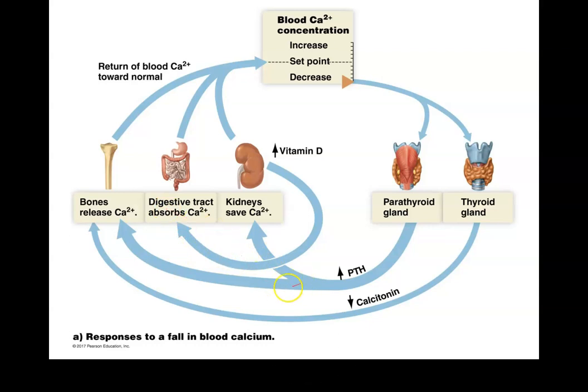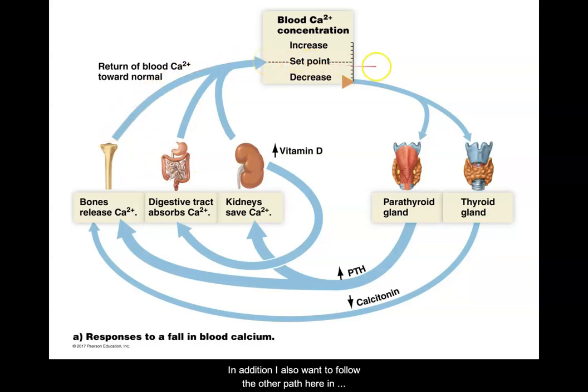In addition, bones, really the main player here, are going to promote osteoclast activity to eat away at that matrix, and with that remodeling event comes a release of calcium that's trapped in those osteons, that hardened mineral matrix. So osteoclast activity promotes calcium release into the blood. All these events return blood calcium towards normal, to the set point.